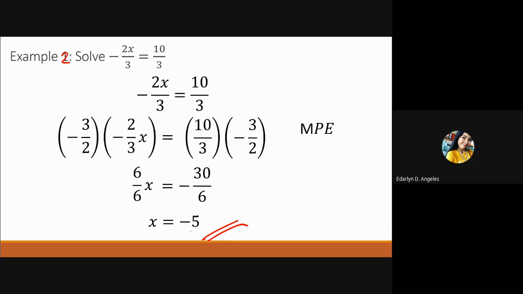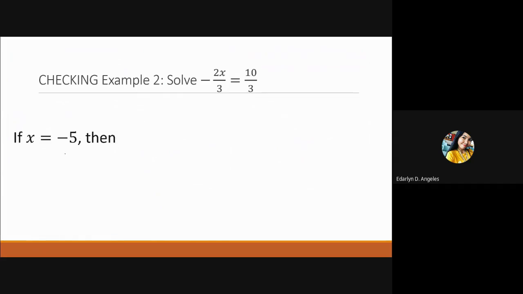Let's check if negative 5 is really our solution for this equation. Alright, so checking example 2, if our x is equal to negative 5, then negative 2x over 3 equals 10/3, that's our given.